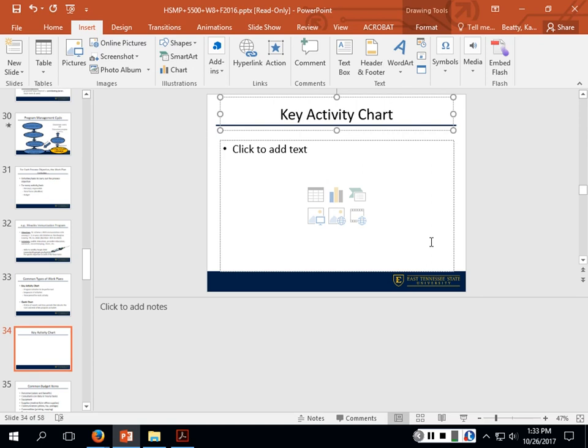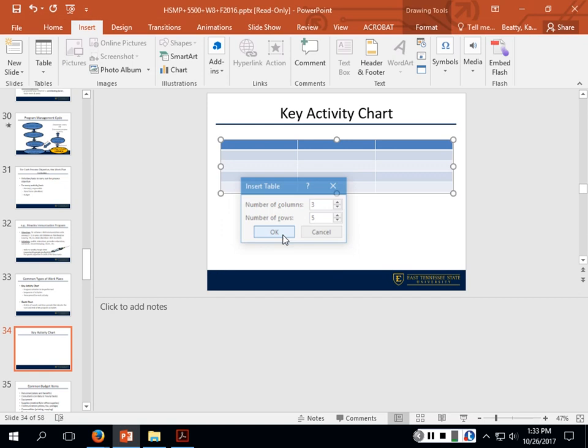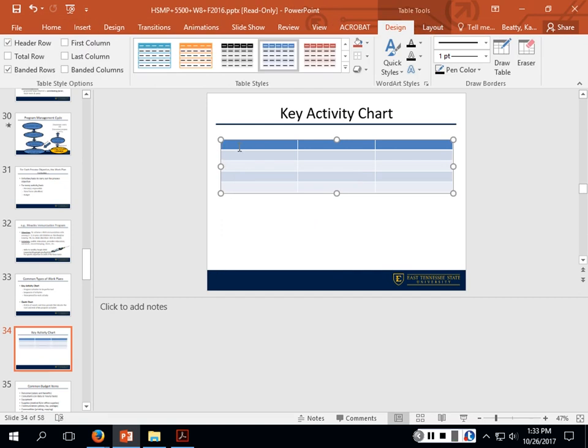Which basically has 3 columns. So we're, again, keeping it simple. And then as many rows as needed to list the activities for each process objective.